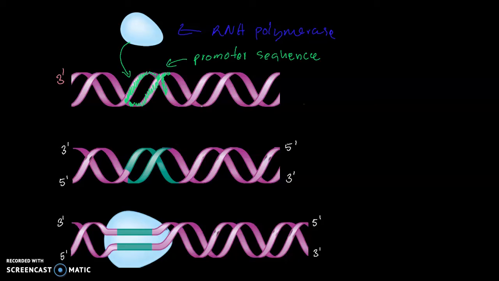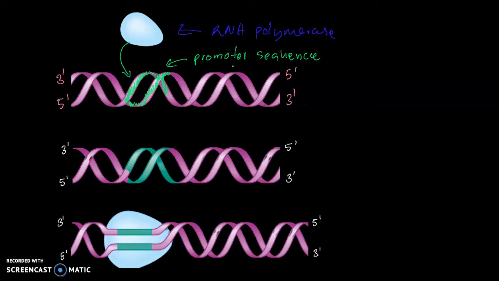So the opposite end of this strand is going to be the 5' end. And the other strand is the 5' end on this side and the 3' end on the opposite side. This is because the 2 DNA strands are antiparallel, which is an important characteristic, particularly in DNA replication.